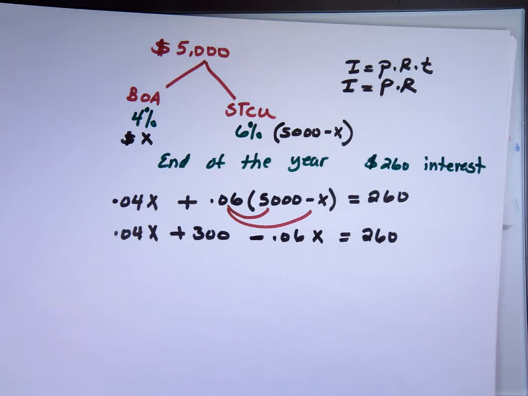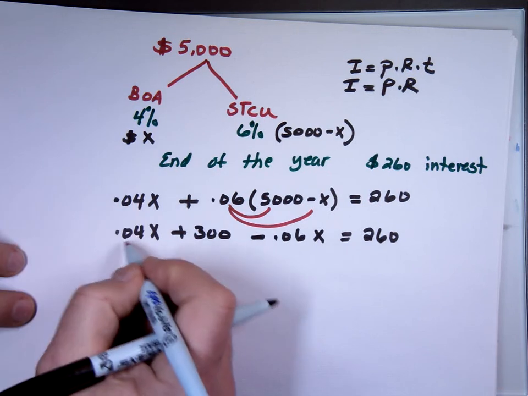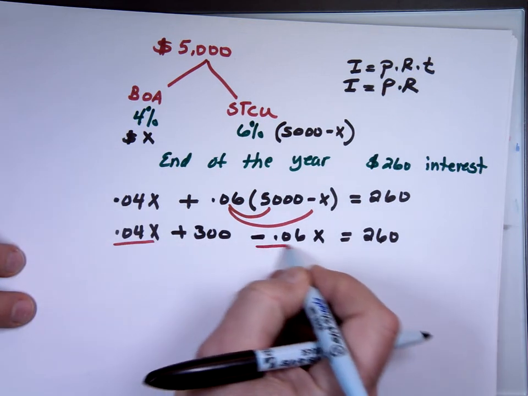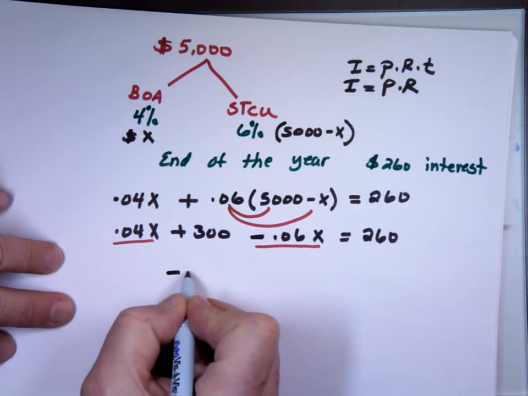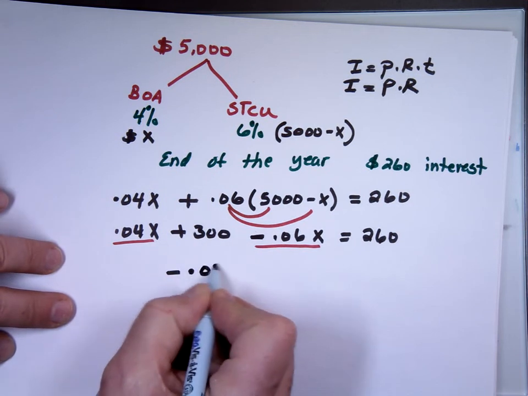Let's look at the left side. Let's collect like terms. What's 0.04 minus 0.06? Negative 0.02. Yep. Negative 0.02x.